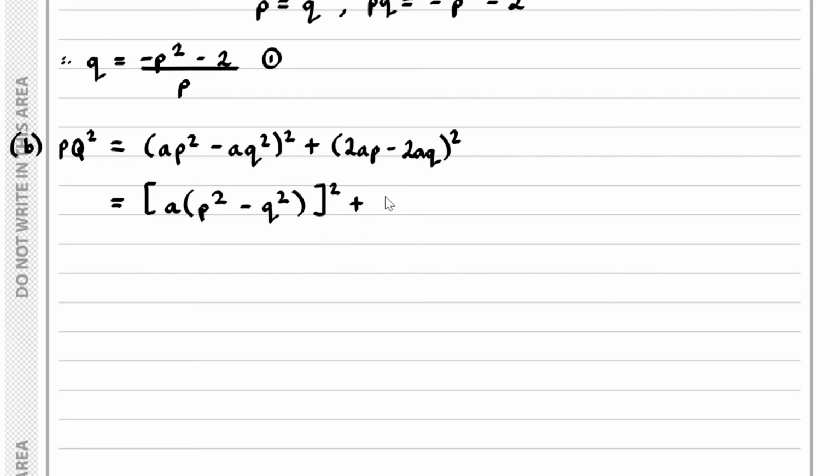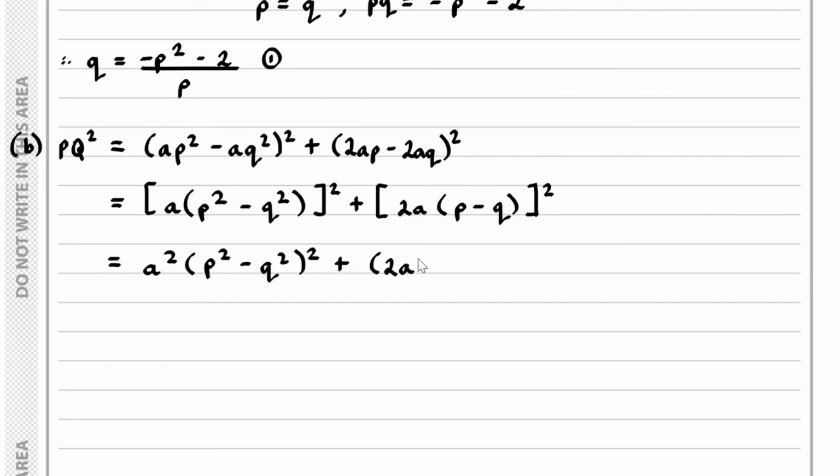And then here, if I factorize out a to a, then here I have p minus q, close big bracket, and this is all squared. So using the laws of indices, we have a squared, lots of p squared minus q squared squared, plus 2a all squared, lots of p minus q squared.